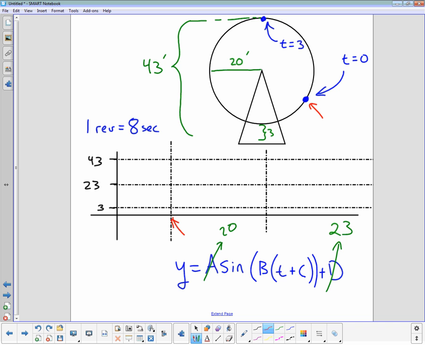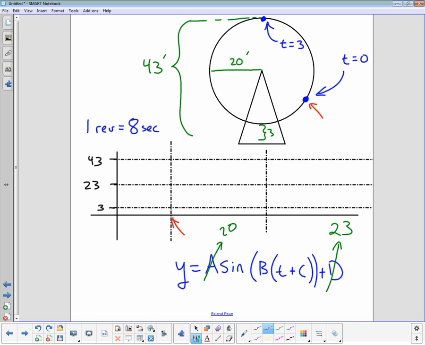Remember, a wave is a single cycle, so crest to crest or trough to trough. As long as I go from one place to an identical place, then I've gone a complete wave, right? So let's start our wave at either a maximum or a minimum or a 0, which are easy to graph.